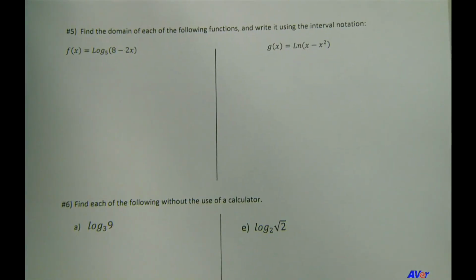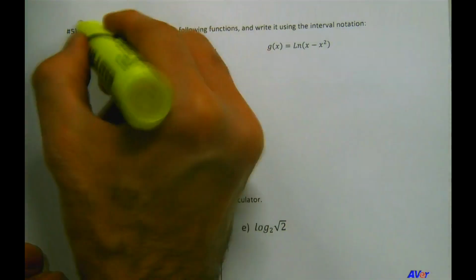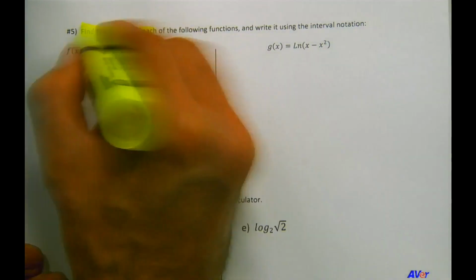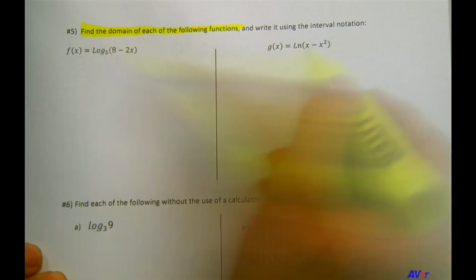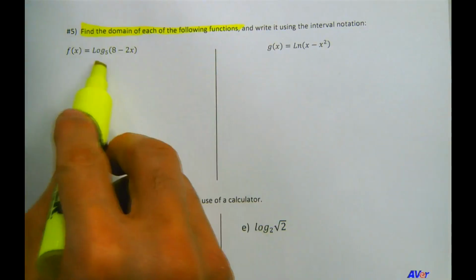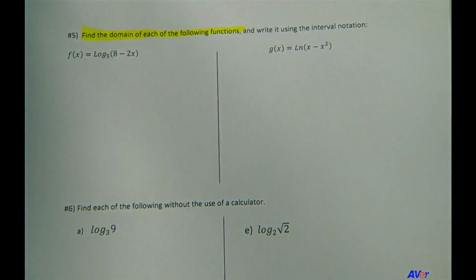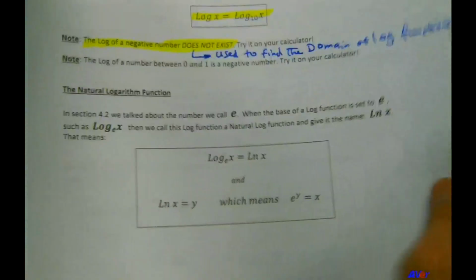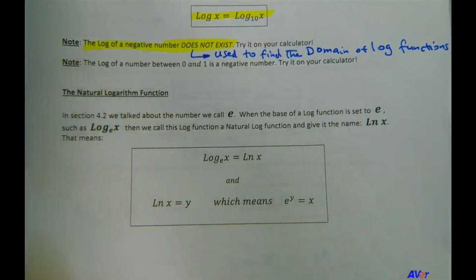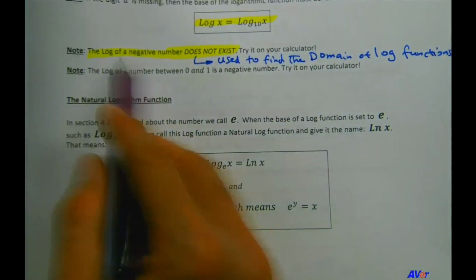So here, number 5, it says find the domain of each of the following functions. This one is a log function, that one is a natural log function, right? Remember that rule that I said we used to find domain with? The log of a negative number does not exist.